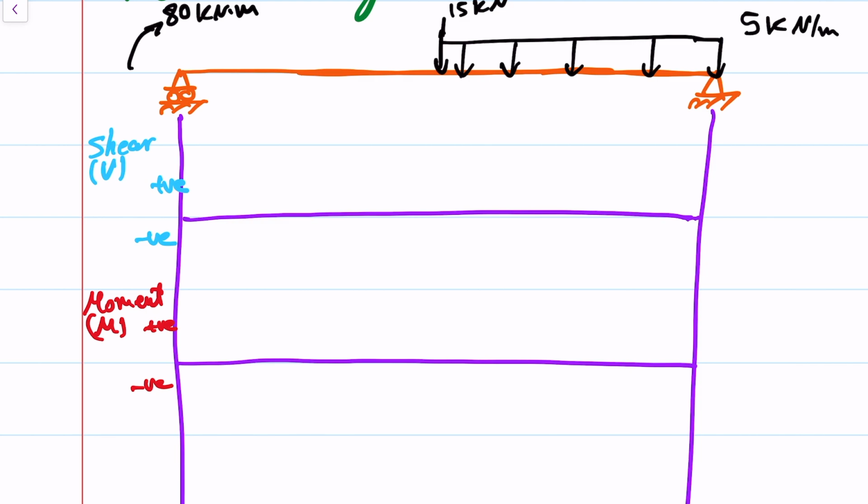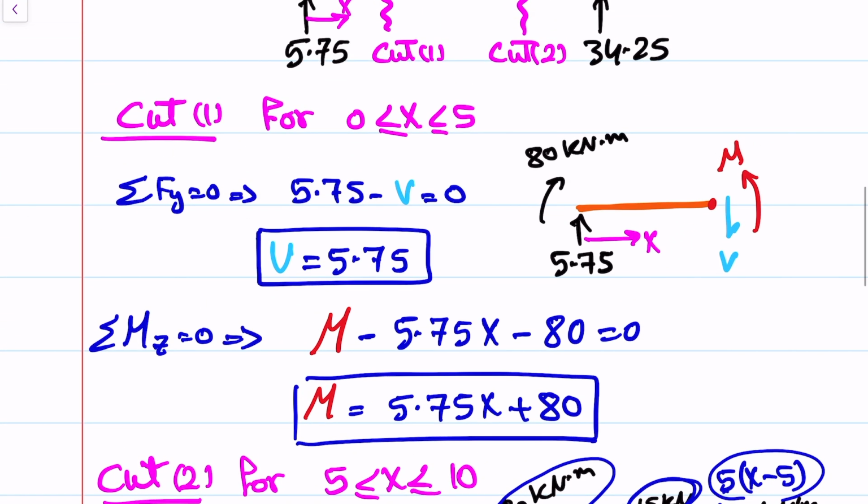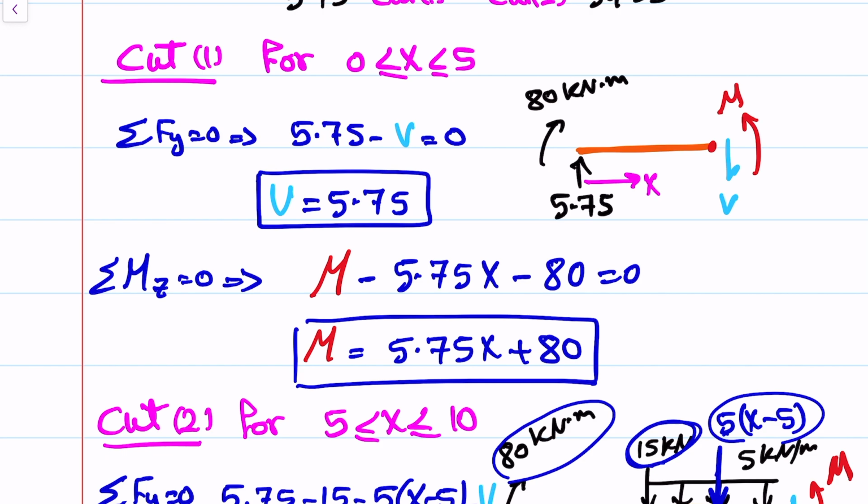Remember that the equations that we will use for x between 0 to 5, this is 5 and this is 5. So the equations that we will use for the left part are different than the equations that we will use in the right part. So between 0 to 5, the V equals 5.75 and the moment equals 5.75x plus 80.